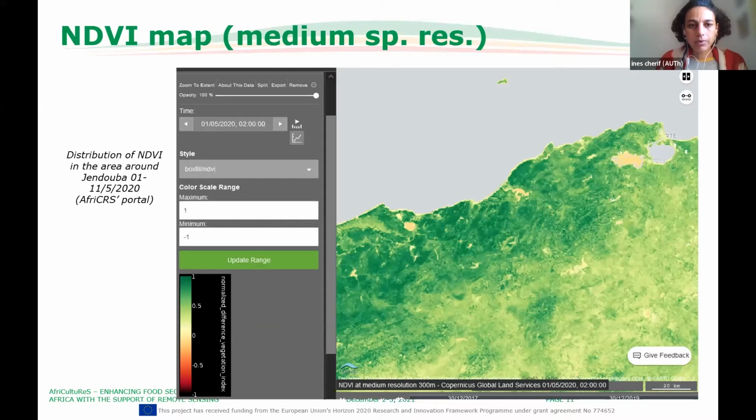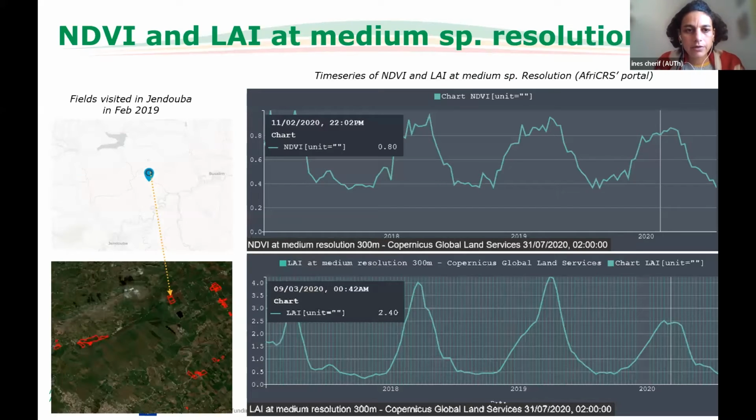Here is an example of a map of NDVI at medium resolution, again over the northwestern part of Tunisia, for a date in May 2020. And here are some time series, screenshots from the platform of Africultures, so we can visualize a specific spot.